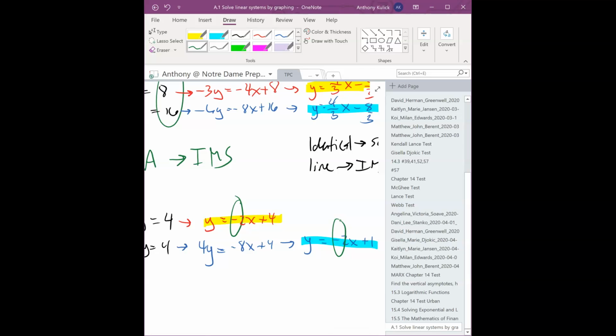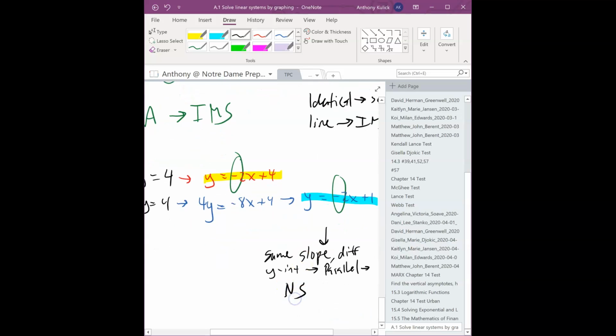Hopefully you remember back from your geometry course, I know that was a long time ago, but lines that have the same slope but different y-intercepts are going to be parallel. And that tells us then that we have no solution.